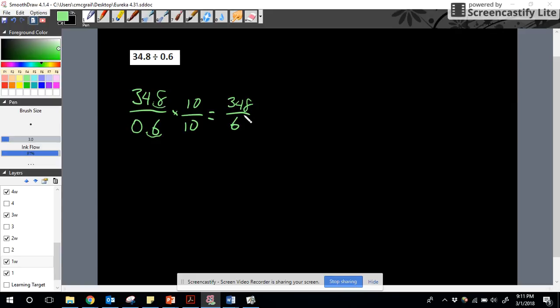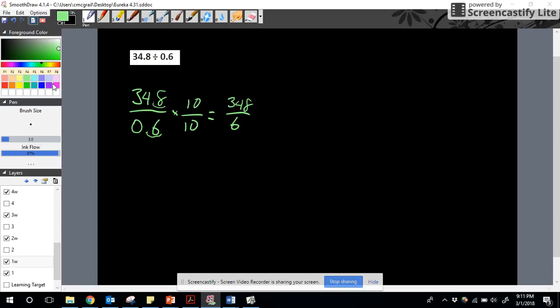So before I solve it, I'm actually going to round and estimate to see what my answer should be close to. So I'm going to leave my denominator the same. 6 is a good enough number, but I'm going to round 348 to a number that I know works well with 6. I don't know my multiplication facts of 6 all the way up into the 300s, but I do know that if I treat this like a 0, it'll be a lot easier.